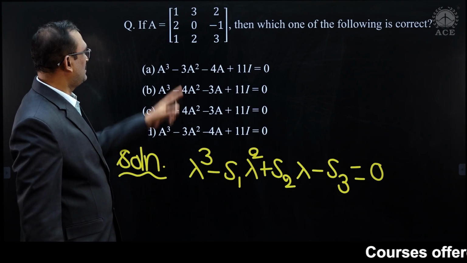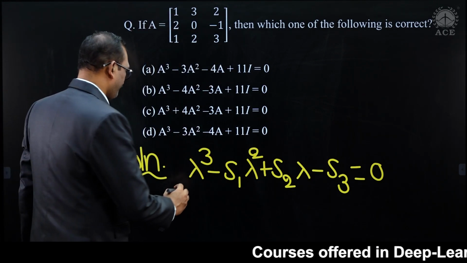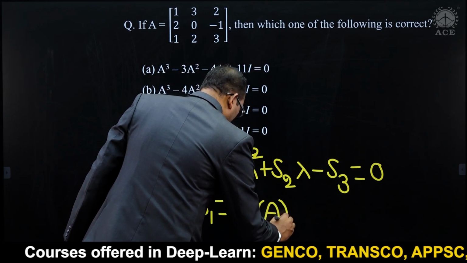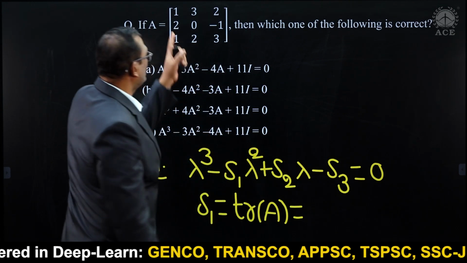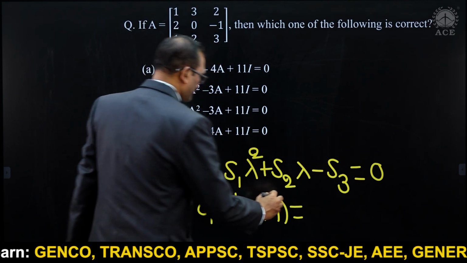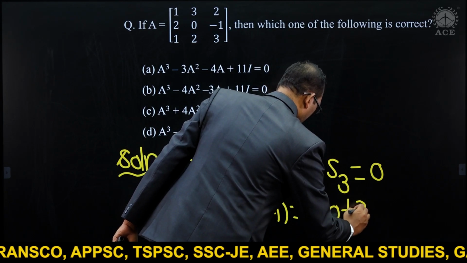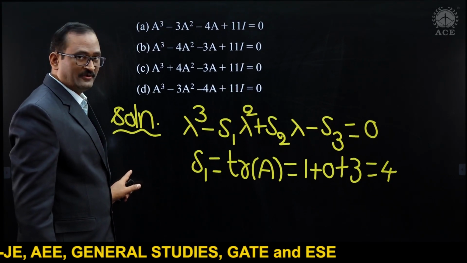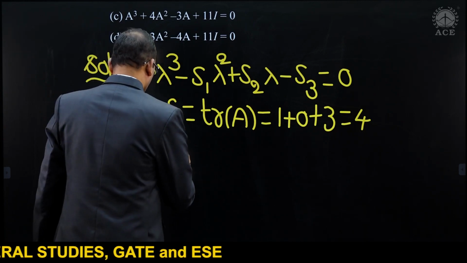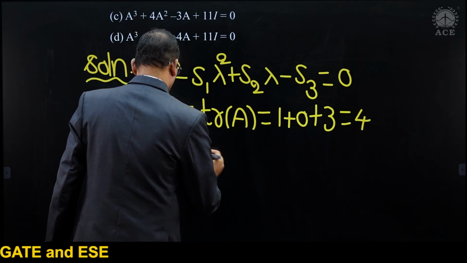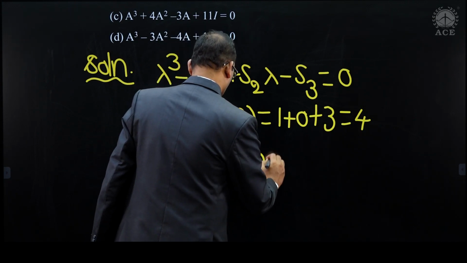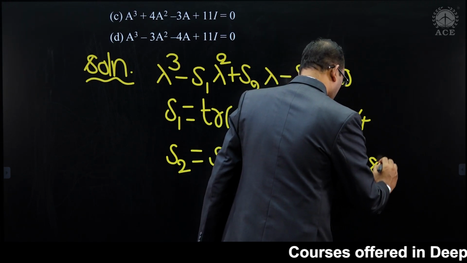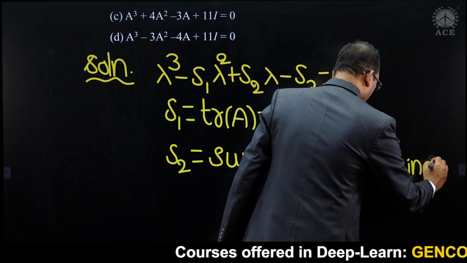Now S1 means what? Sum of the principal diagonal elements. S1 means trace of a matrix. That is sum of the principal diagonal elements, that is 1 plus 0 plus 3, that is 4. S2 means sum of minors of principal diagonal elements.